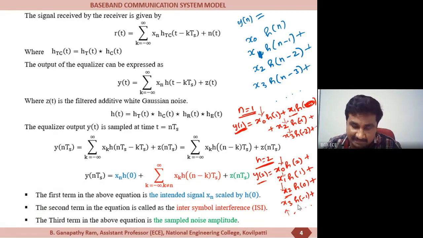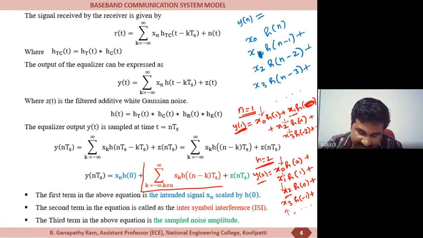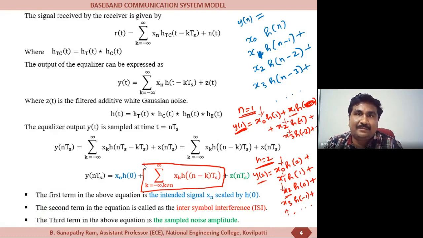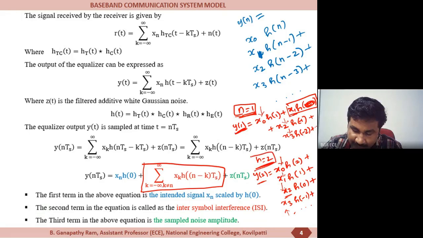That's why this repeated term is called inter-symbol interference, because one symbol is interfering into the portion of another symbol. Actually, at the instant n equal to 1, I need to receive only x1 alone. At n equal to 2, I need to receive x2 alone. But instead, all the symbols are interfering in this particular symbol duration.